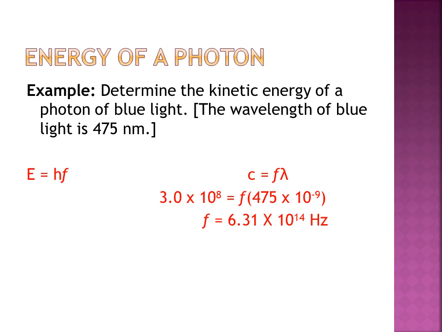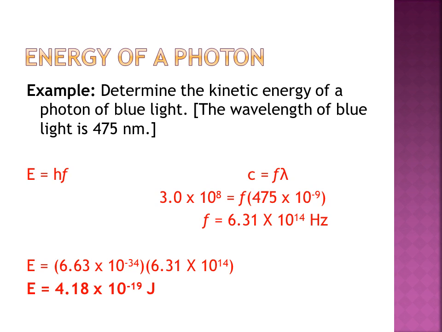Doing that, I get my frequency is equal to 6.31 times 10 to the 14th hertz. Now that I have my frequency, I can just plug and chug to find my kinetic energy. In doing that, I find that my kinetic energy of a single photon of blue light is 4.18 times 10 to the negative 19th joules.